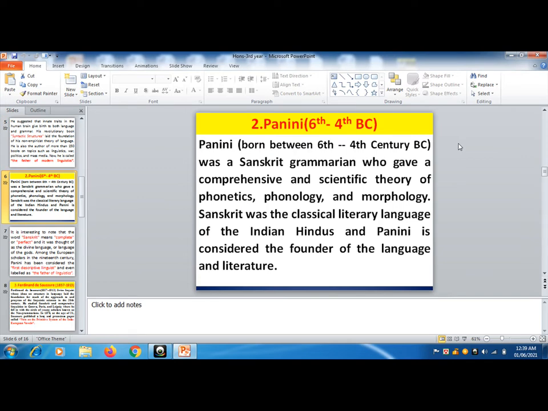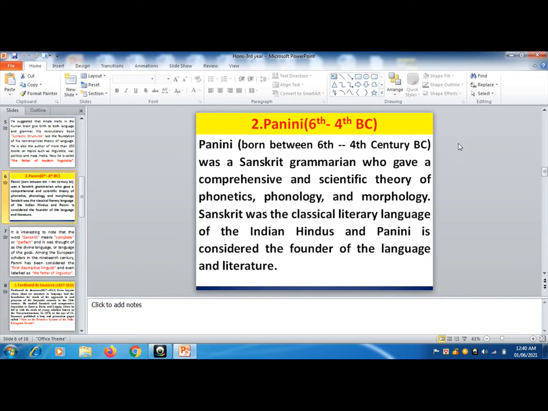Number two, Panini. This linguist was born between the 6th and 4th century BC, before Christ. Panini was a Sanskrit grammarian who gave a comprehensive and scientific theory of phonetics, phonology, and morphology.